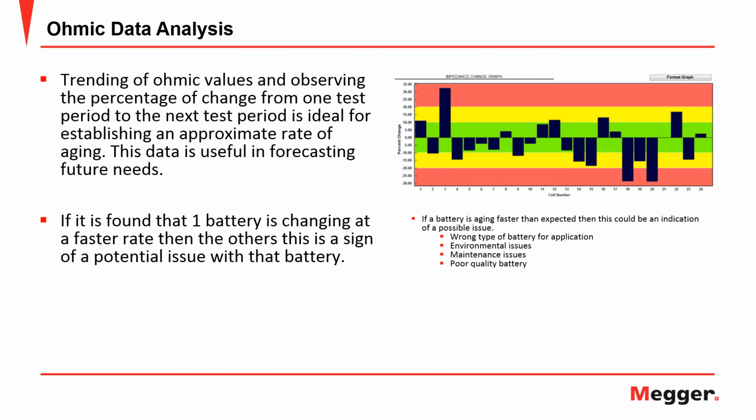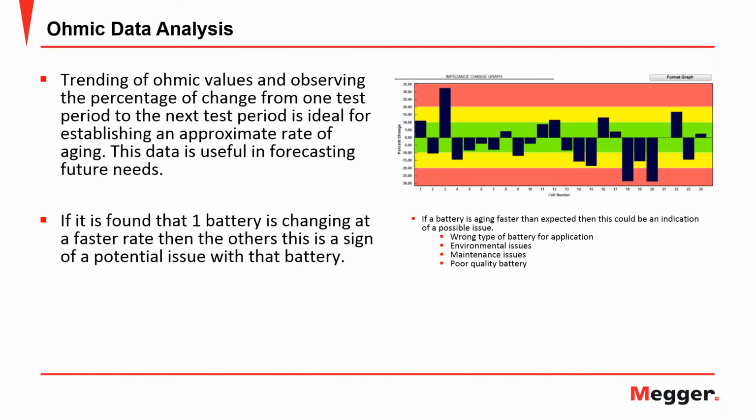Well, one, it lets me forecast when I'm going to need a new string. And two, if I have batteries that are supposed to last 20 years and I see the impedance really rising after 5, I might have a maintenance issue, maybe a heat issue, but there's something to investigate there, and your batteries won't last as long as you think they're going to.